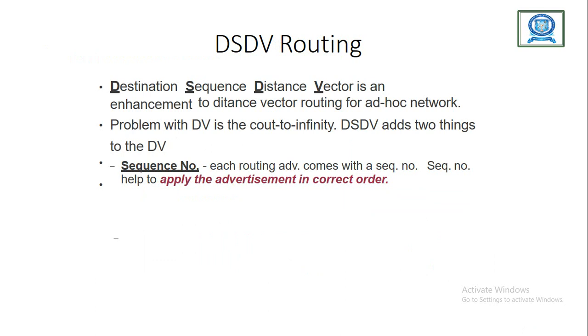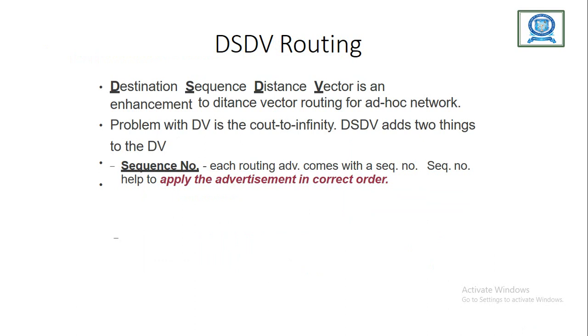DSDV, destination sequence distance vector, is a table driven routing protocol method. DSDV is an enhancement of the distance vector routing protocol for ad hoc networks.